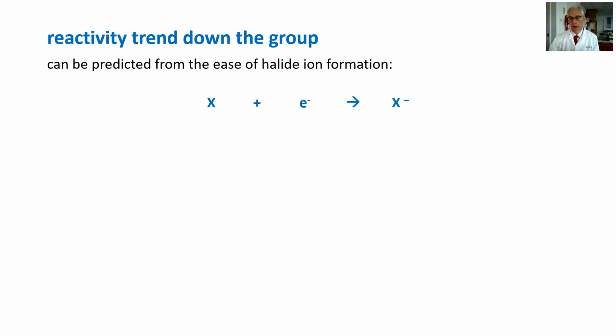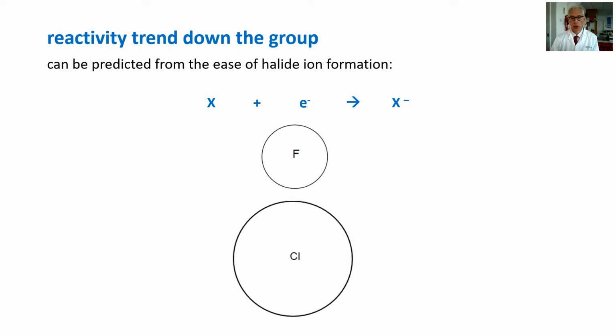So let's go through the ideas. I'm going to compare fluorine to chlorine to start with, and I'm going to draw or write an electron just outside the atom to be captured. Straight away, obviously, the atomic radius of fluorine is much less than the atomic radius of chlorine.